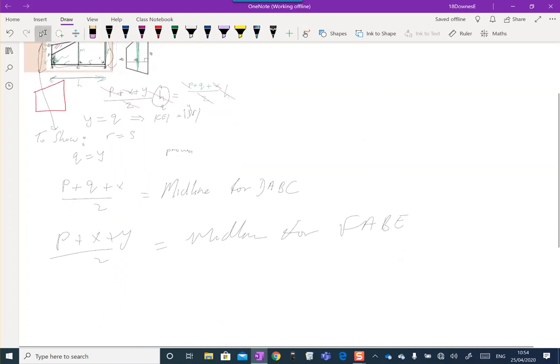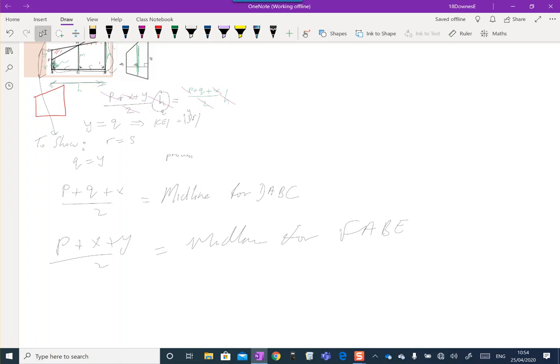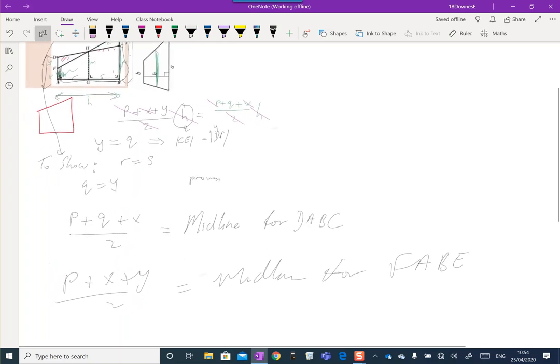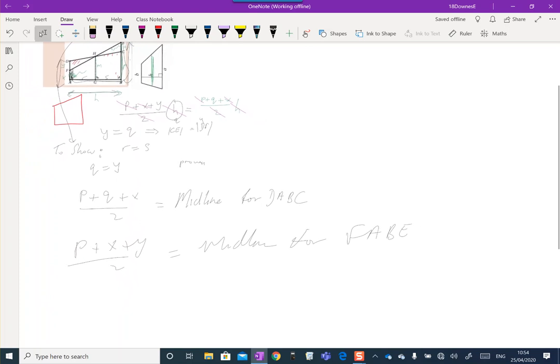Okay. So they share the same midline and they share the same area.